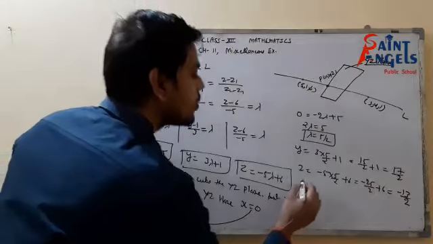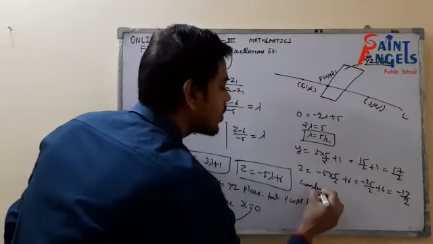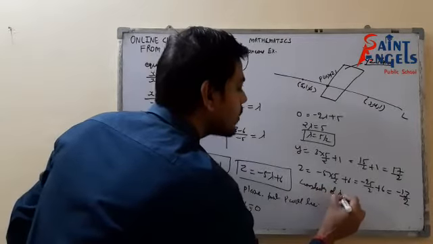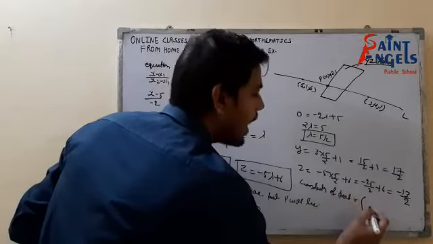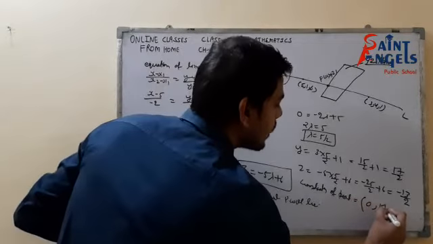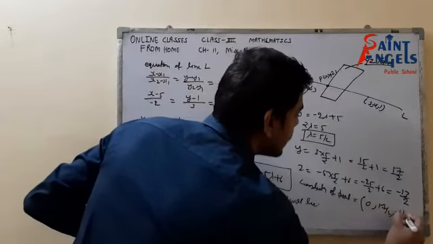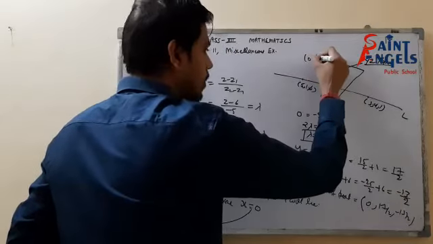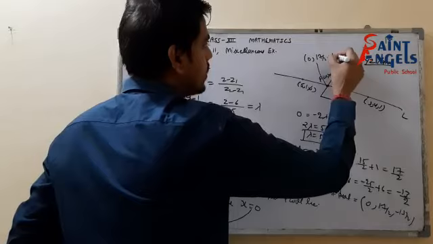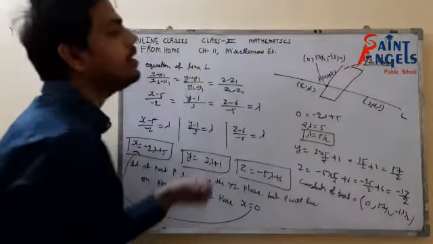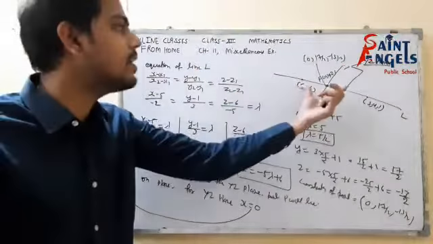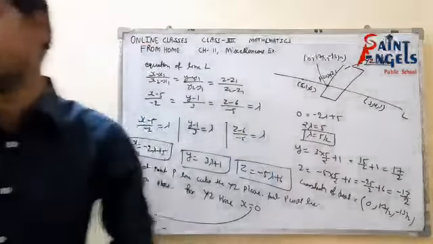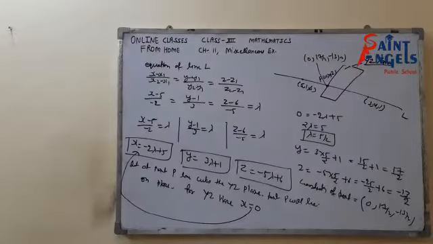So what will be the point? That would be x is 0, y is 17 by 2, z is minus 13 by 2. This is the point, 0, 17 by 2, minus 13 by 2. At this point, this given line L will cross the yz plane. Okay, I hope it's clear. So please pause the video and note it down.